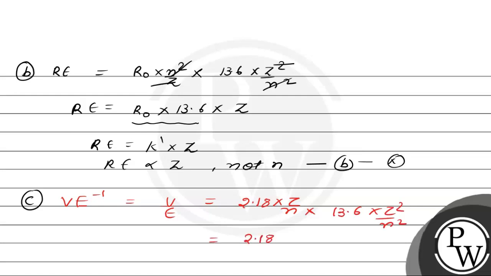So on simplifying, this will be 2.18 upon 13.6 into Z upon N into this n square will go on top, and this will be z square. So students, this z will cancel out 1z, and this n will cancel out 1n.